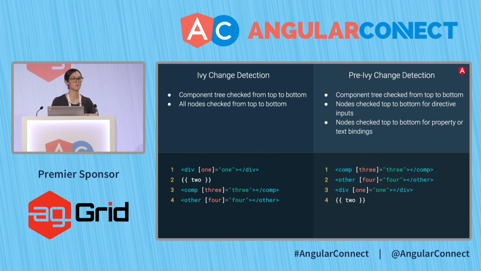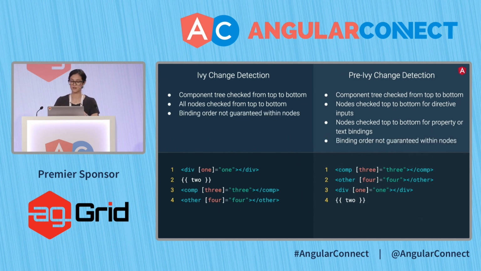We'd do one full pass for directive inputs, and then another full pass for element and text bindings. So in practice, it makes sense from an implementation standpoint, but from a user perspective, that's super confusing, right? You wouldn't expect it to happen in a different order than you see. So that's one thing that we've fixed in Ivy, is we've made it a lot more predictable how your template function is actually going to run, or how your template's going to be checked.